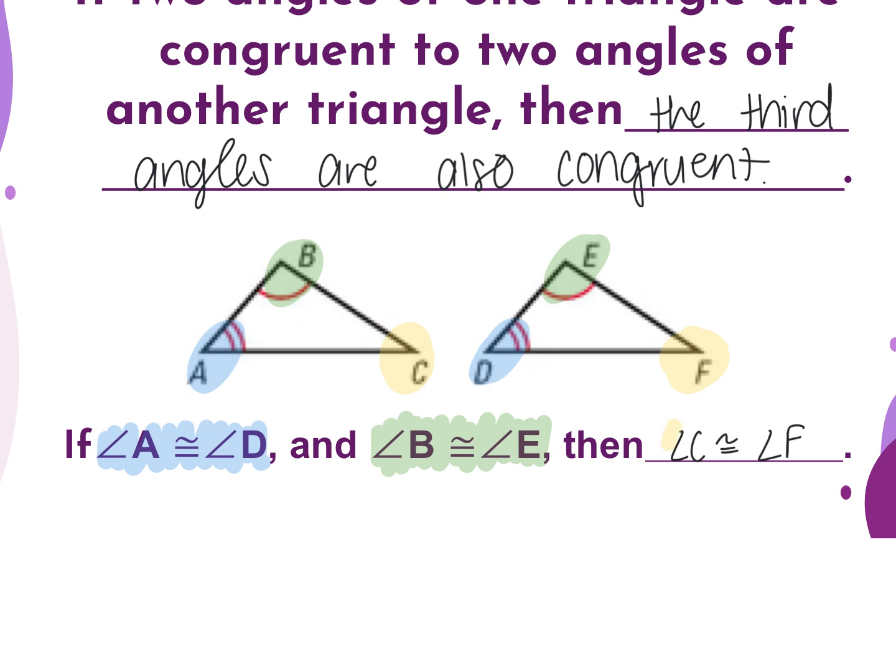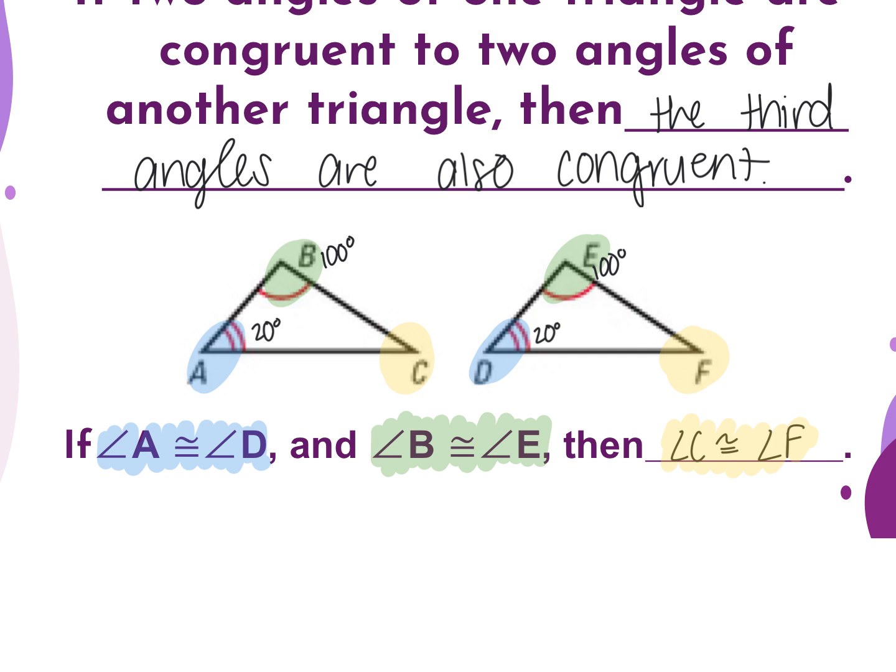How would I know these are congruent? Let's think of our measurements. Let's say this was 20 degrees right here, and this was 100 degrees. If they're congruent, what would the measure of angle C be?